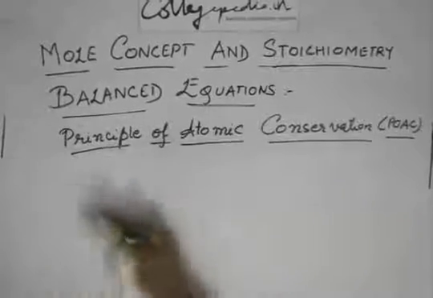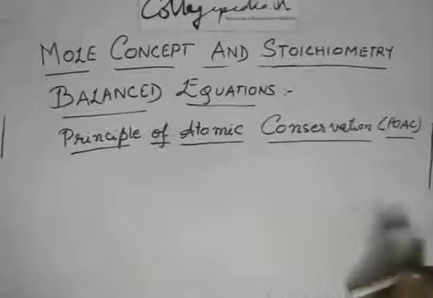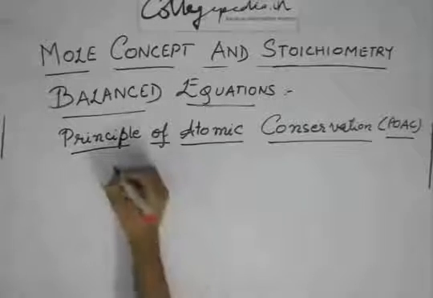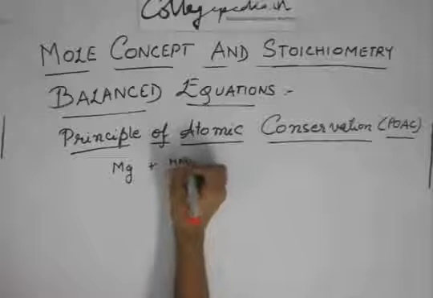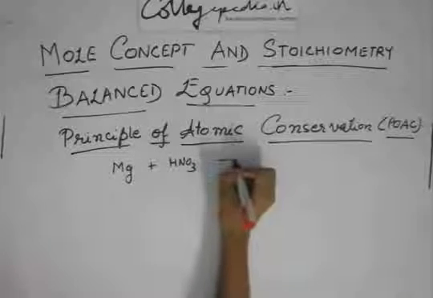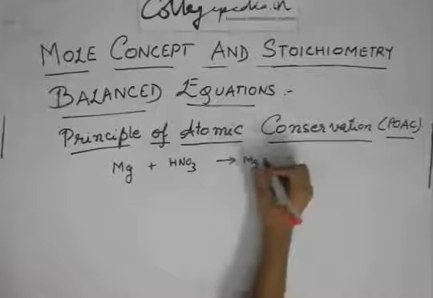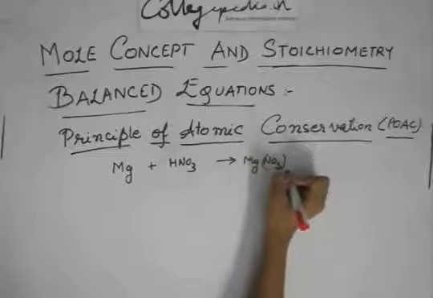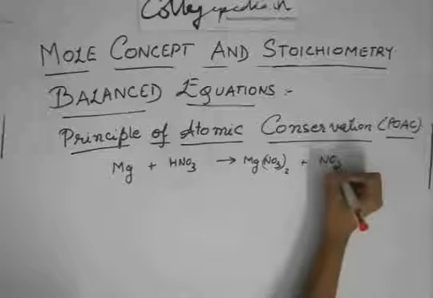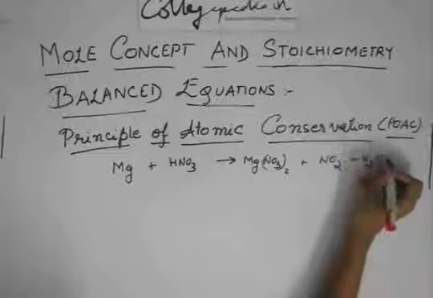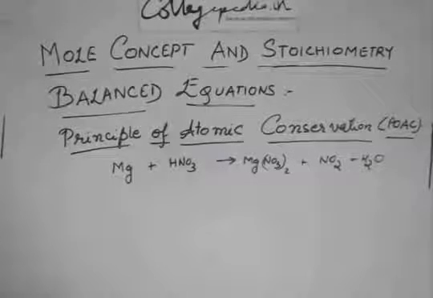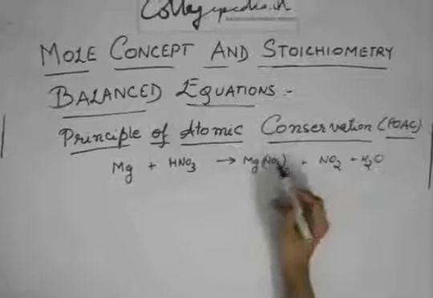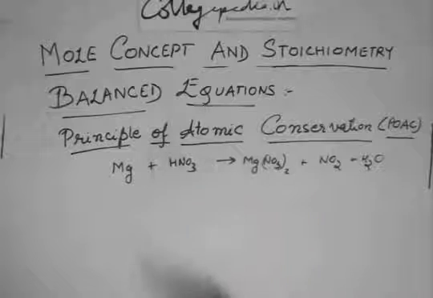So now, if I give you one example, would you be able to do it on your own? Suppose you get this. So I think you can do this by hit and trial, because let's see, maybe Mg is balanced.